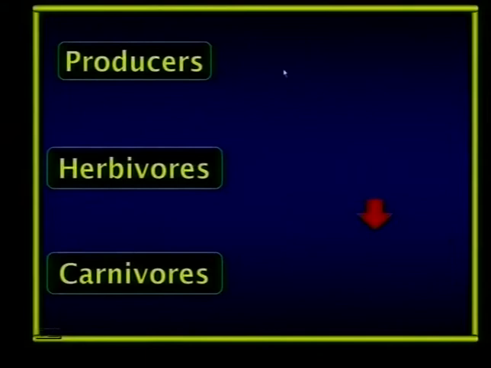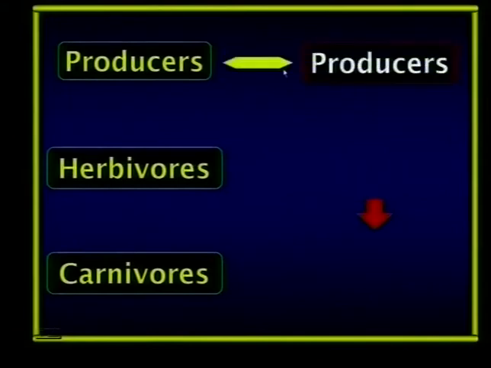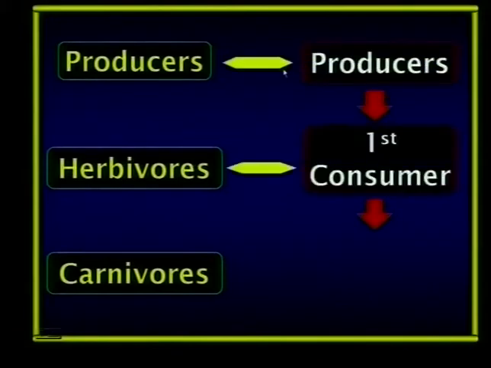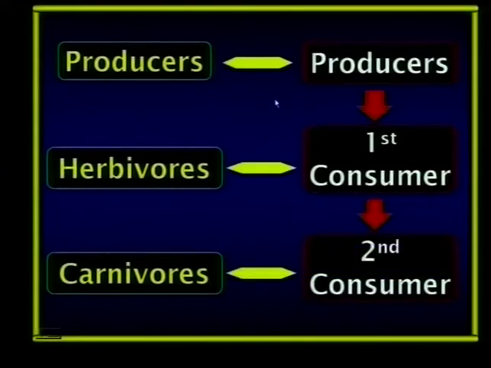Caterpillar and spider, let's see. Producer still produces. Our consumers are the herbivores, which is the caterpillar, and carnivores, which is also a consumer.